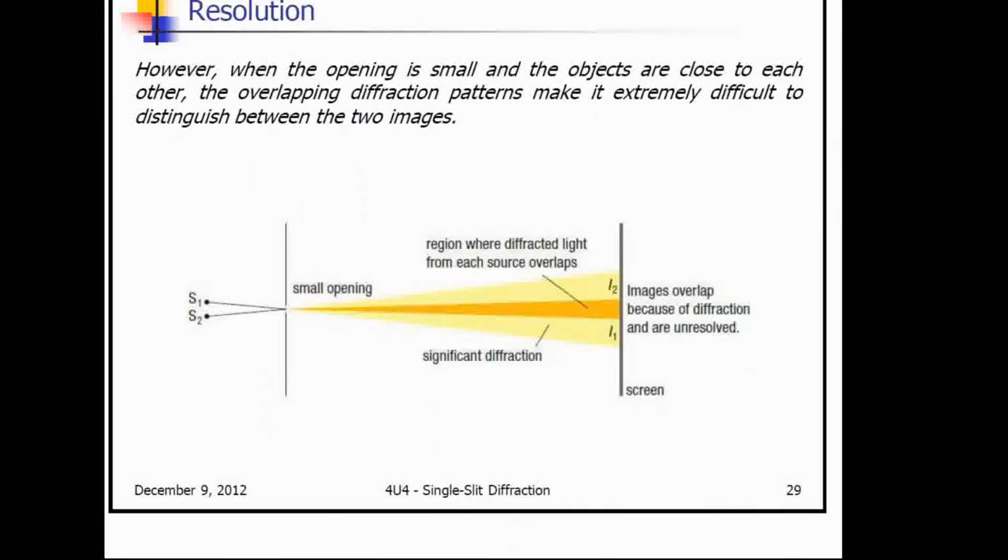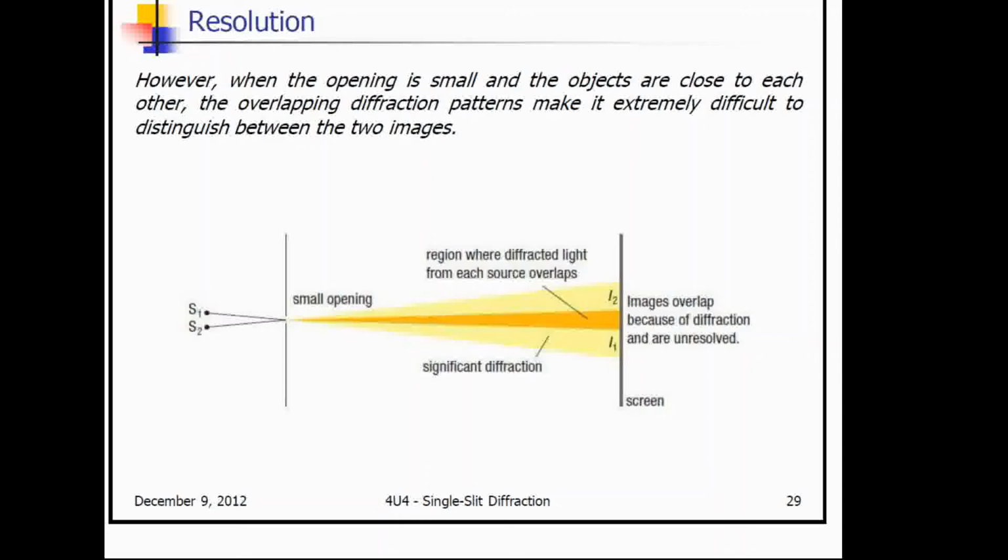But when we have a smaller opening, the objects are closer together, and the overlapping patterns end up having the images overlapping on each other, which makes it not only blurry but actually difficult to see, because now we have one blur on top of another blur.